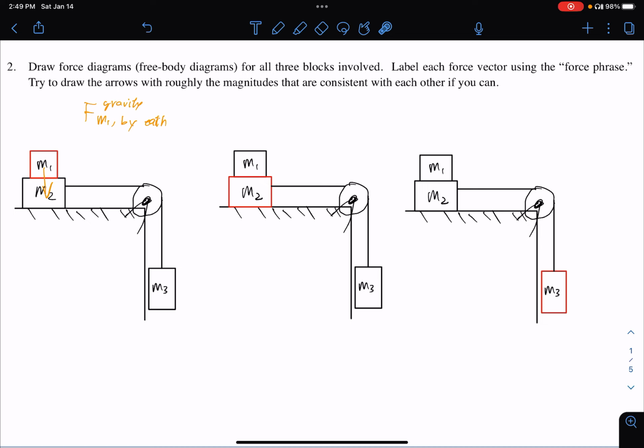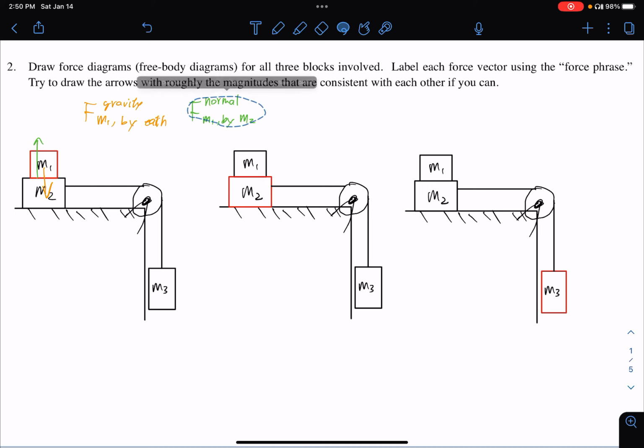Let's first focus on the vertical one, because there is a surface under M1 which can give M1 some force. So even though M1 is pulled by gravity, it's not going to fall down. This vertical force is called a normal force, because the direction is normal to the surface that they are in contact with. It is a force on M1, and it is exerted by M2.